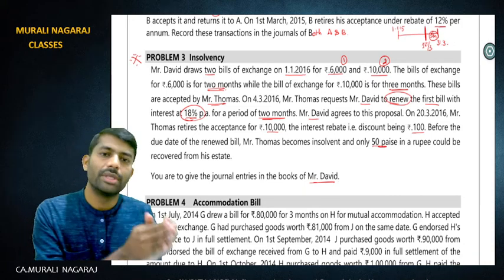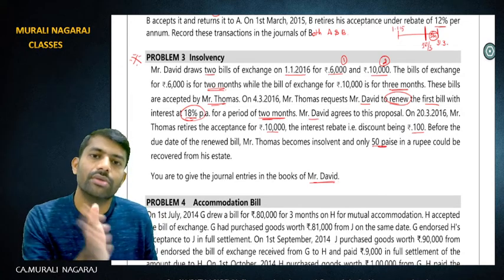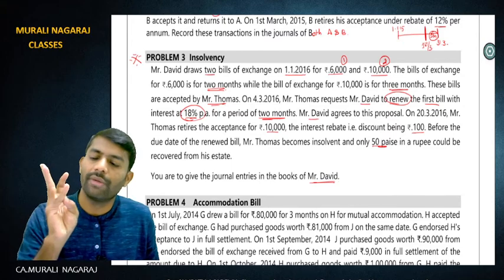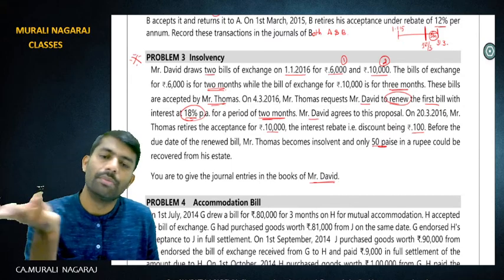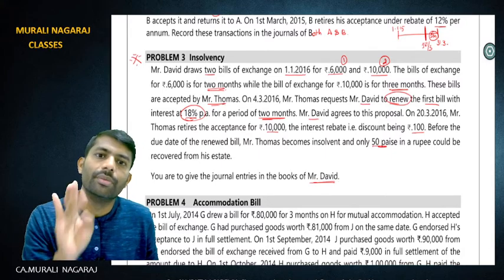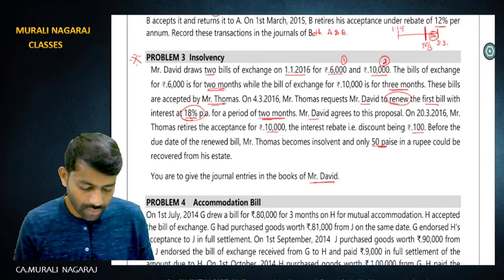The second bill, before maturity date, he honored the bill. So that is a retirement of the bill, and therefore we receive the money by giving the rebate. So here normal bill of exchange entries plus renewal of the bill, retirement of the bill, and insolvency are all there. So this is a combo of all.